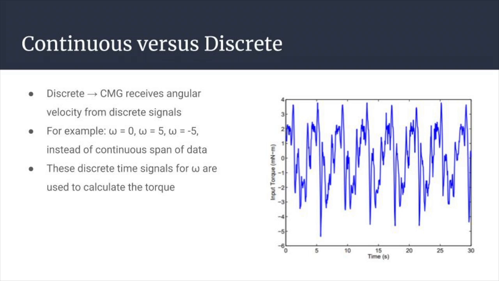This figure shows data before the discrete signals are corrected or filtered. The discrete signals cause a lot of noise in the data for torque, but filtering occurs in order to make this data continuous. This goes hand in hand with the control laws and feedback system because data needs to be corrected in order for the gyroscope to do its job of stabilizing the spacecraft.